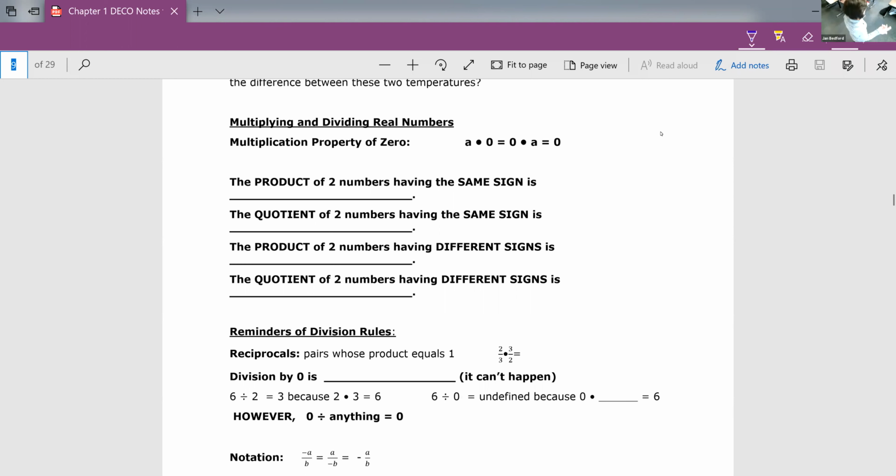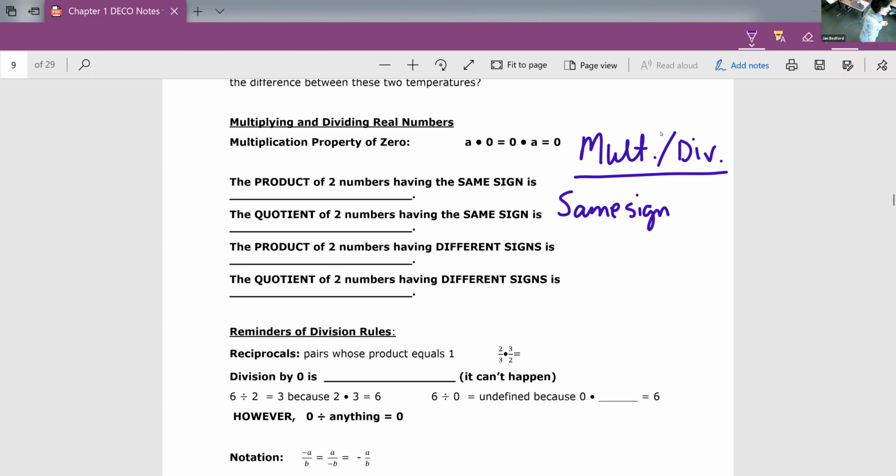Now let's talk about multiplying. And the rules for multiplying or dividing are so much easier, because all I'm going to do is check to see if the signs are the same, or if I have an even number of negative signs, because sometimes I might be multiplying more than 2 numbers, and if I am, I can still figure out what the sign of the answer is if all I do is count up how many negative signs I see.